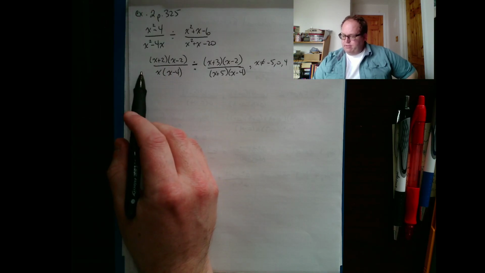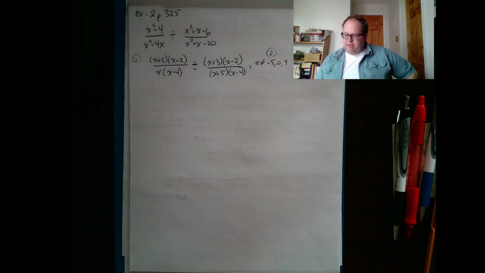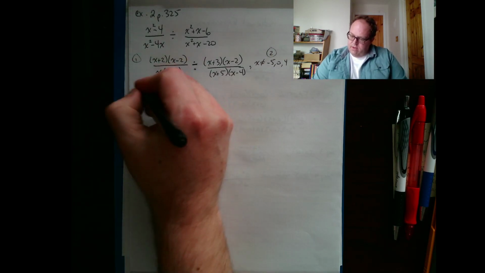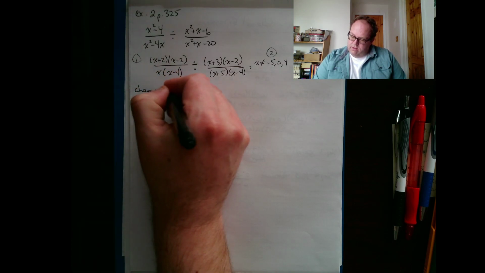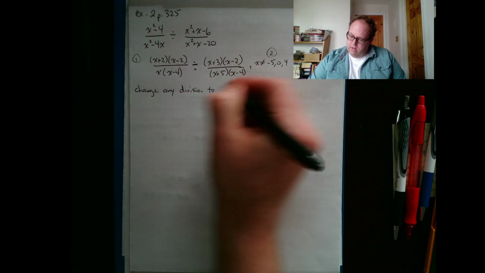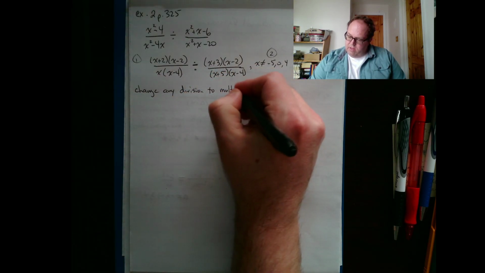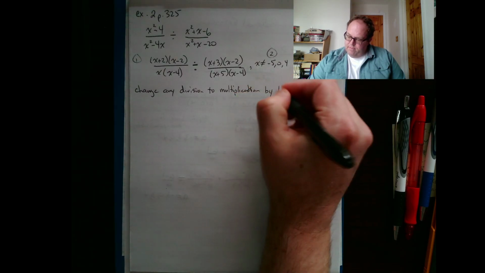So I've factored, step 1. I look for non-permissible values, my step 2. But now I've got a new step 3, and that is: change any division to multiplication by the reciprocal.